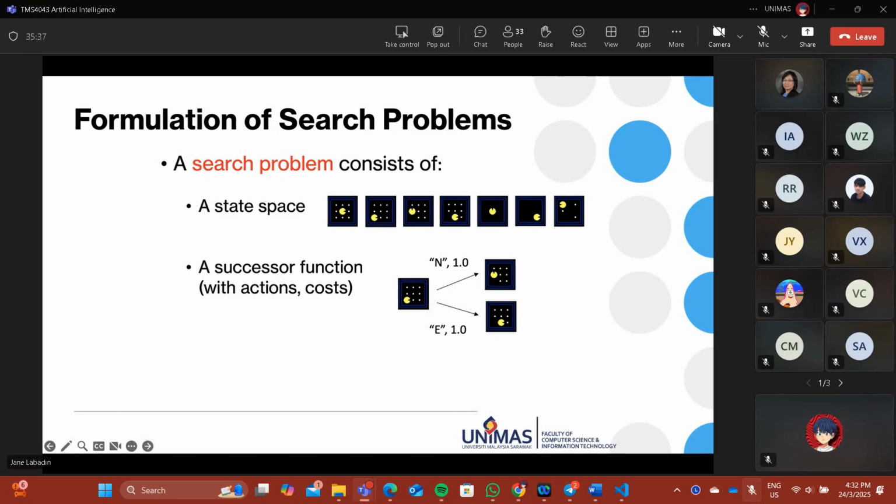So the next position that he will be in is shown after the arrow here. We can put the action as going north with cost 1, or going east with cost 1. This is just one example for this particular problem.